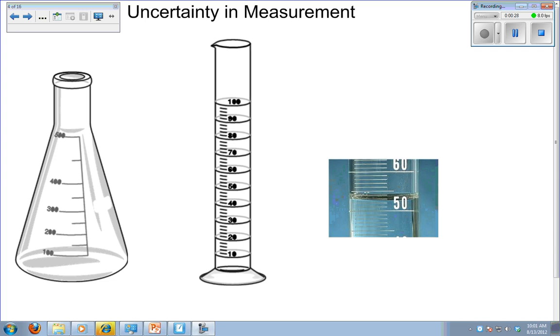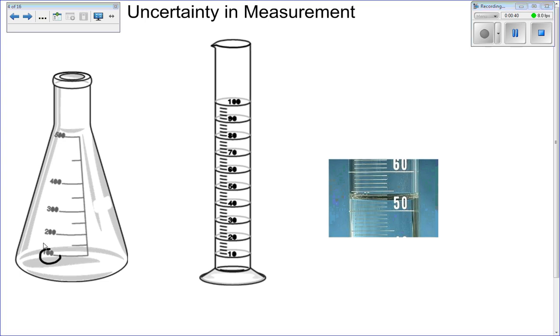So if we look at the Erlenmeyer flask, which really is never used to measure because of the great uncertainty of this piece of equipment, this particular one is broken up by, if you notice, 100 and then another line. Well, that's the 50 line. Even though there's not a number there, we know that that's 50 because it's halfway in between, and then 200, then 250, and so on.